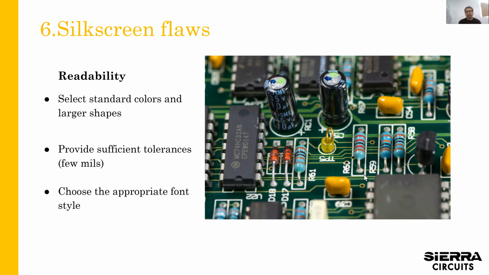Now going on to silkscreen. Silkscreen actually can be considered a defect. So especially if you have silkscreen on the pad, that can impact the solder joint and the reliability of the solder joint. So what we do in engineering and PCB is we clip back the silkscreen away from the pad.